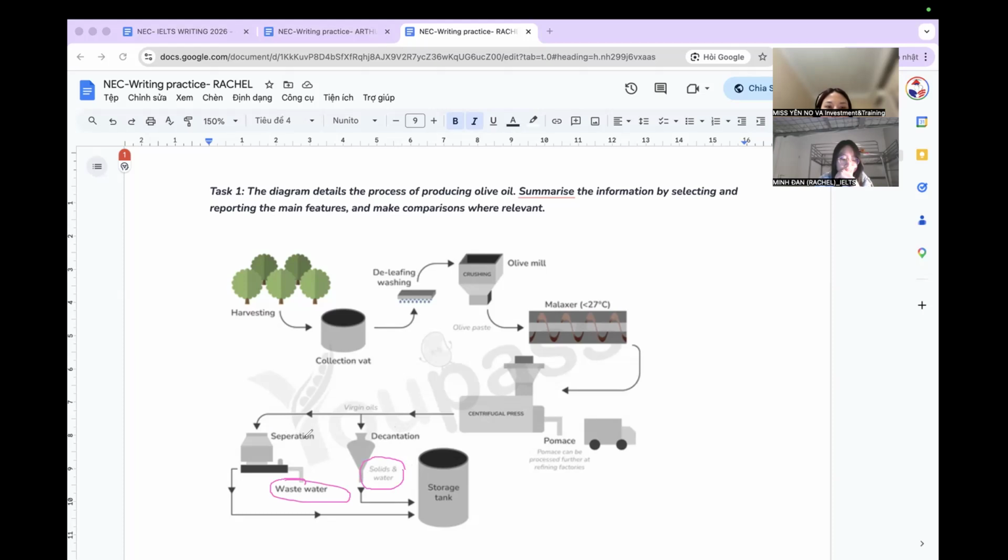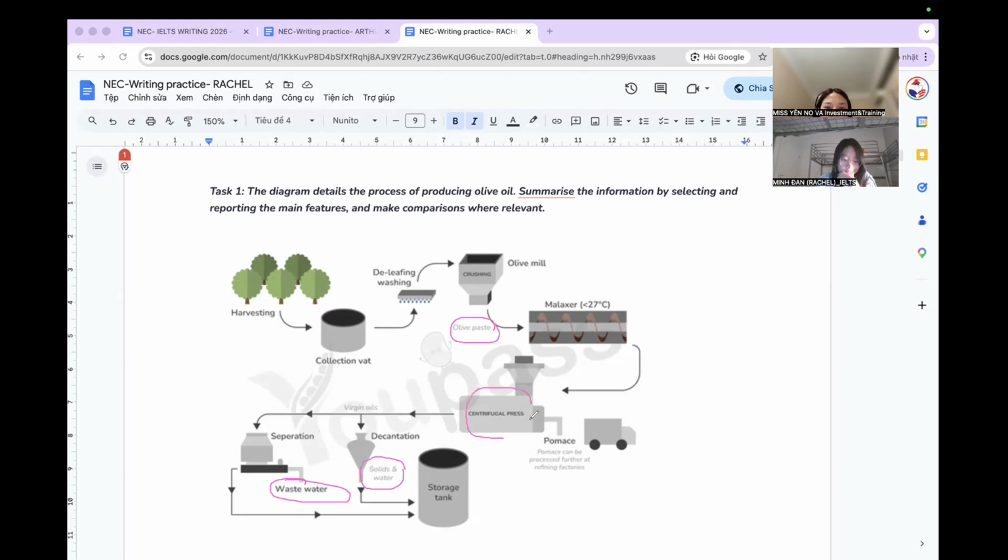So what is the difference between separation and decantation? Because at this part, the olive paste is very thick. It also includes oil, water, and the solid, which I would say is the meat of the fruit, the flesh.